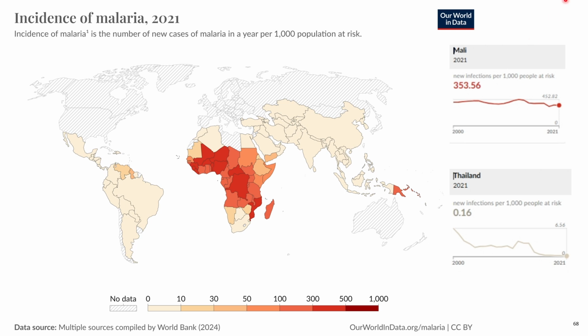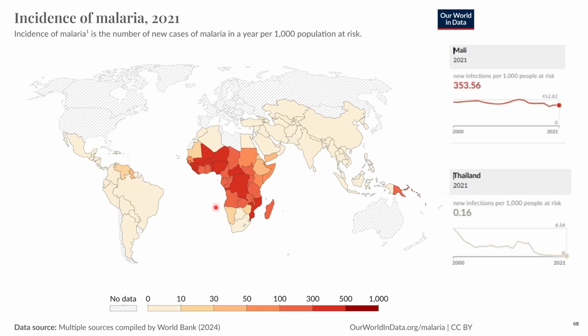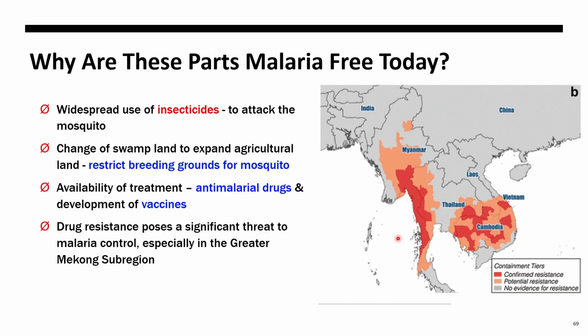The incidence of malaria in 2021, you can see most countries do not have any incidence of malaria. But still there are very few incidences of malaria in the South American region and in the Asian region. But in the African region there are still many cases of malaria. So why? In some parts of the world like USA, Canada, Russia, Australia, there is no record of malaria.